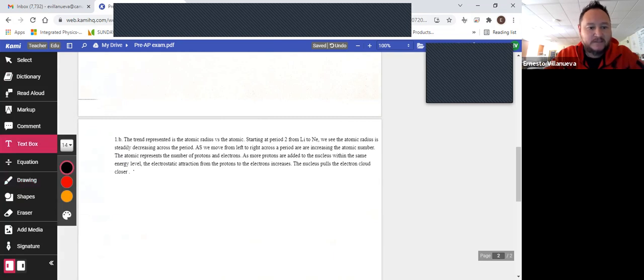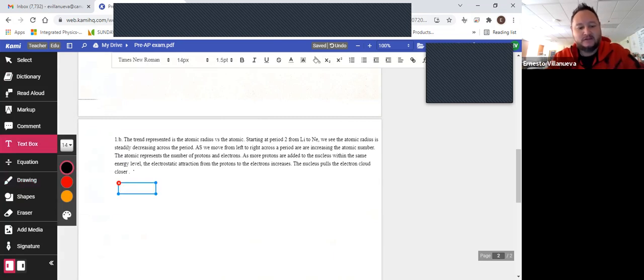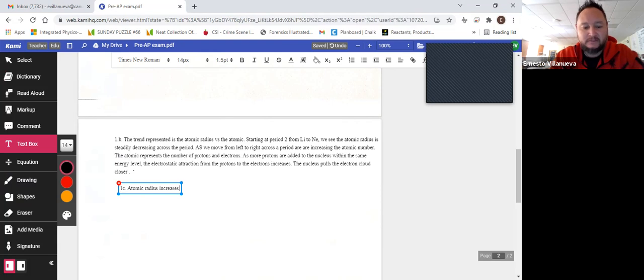So if I was to provide a general statement about what's going on here, let me add another text box, see if I can do it without so many typos. Atomic radius increases down the periodic table from period to period.